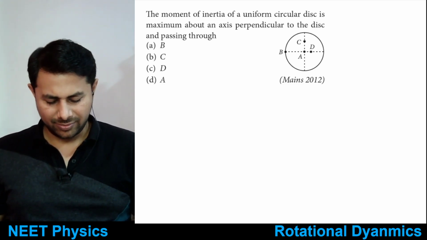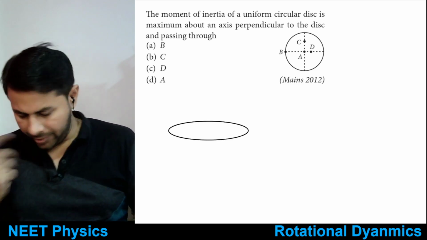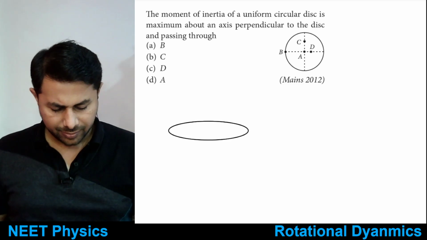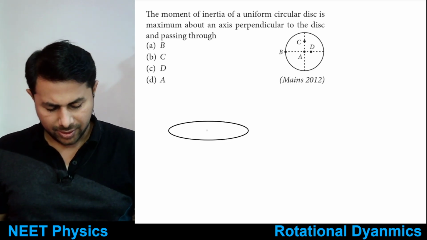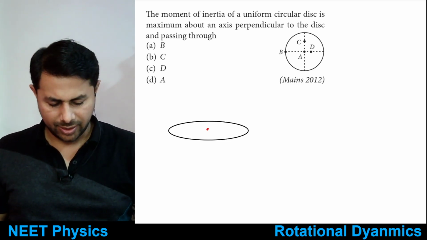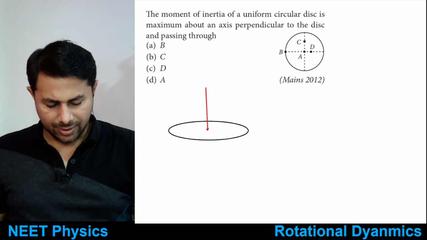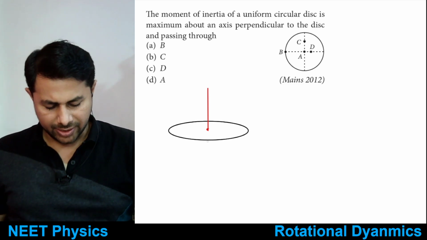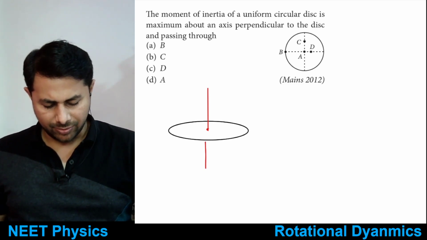You have the disc, and this is point A. For point A, you know the moment of inertia of the disc is MR square divided by 2, and you call it IC, right?